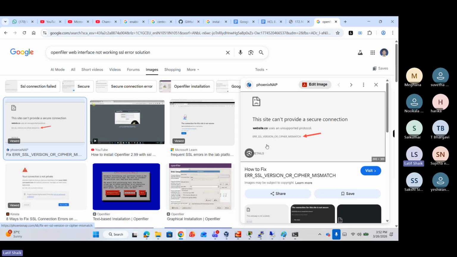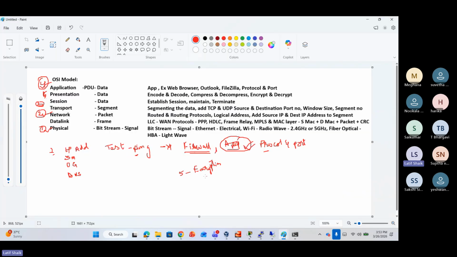So where does encryption happen? The presentation layer. So if you get encryption related issues, errors in SSL, what happened? Either the SSL or TLS certificates or keys expired.